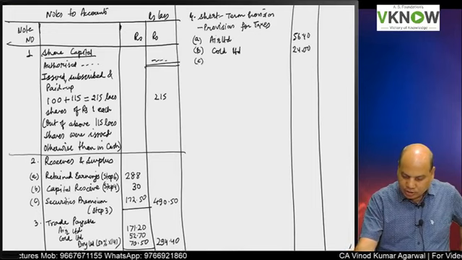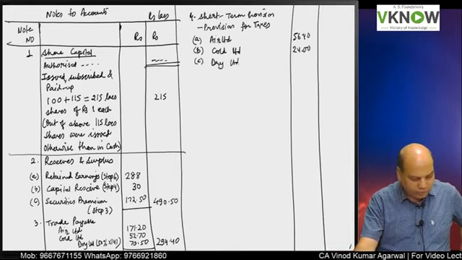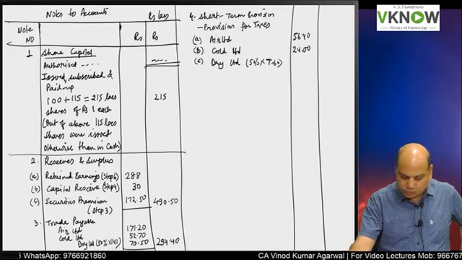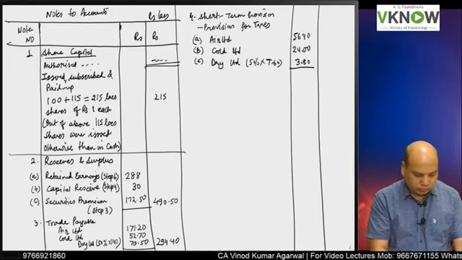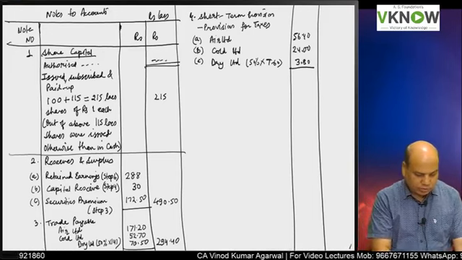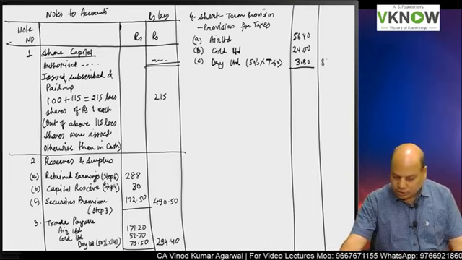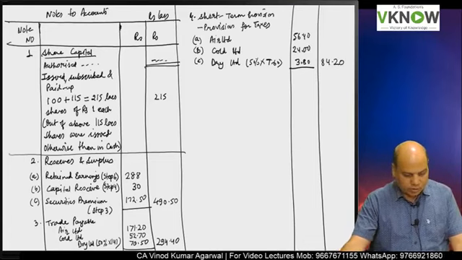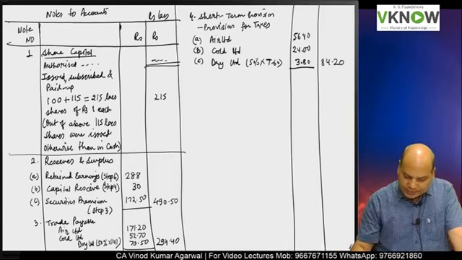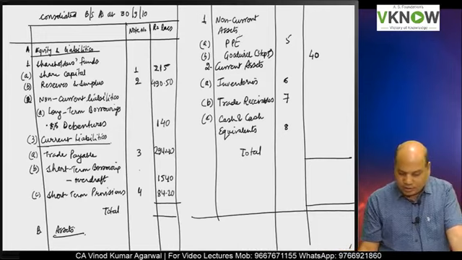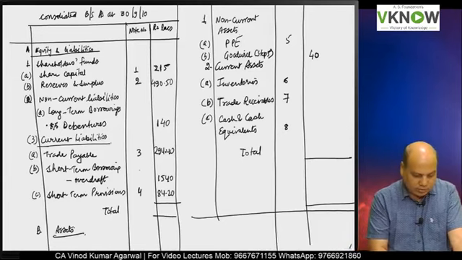And Dry Limited half. Take on your calculator 50% of 7.60, 3.80. Take the total 56.4 plus 24 plus 3.80, and that is 84.20. So let us come to the main page, 84.20.